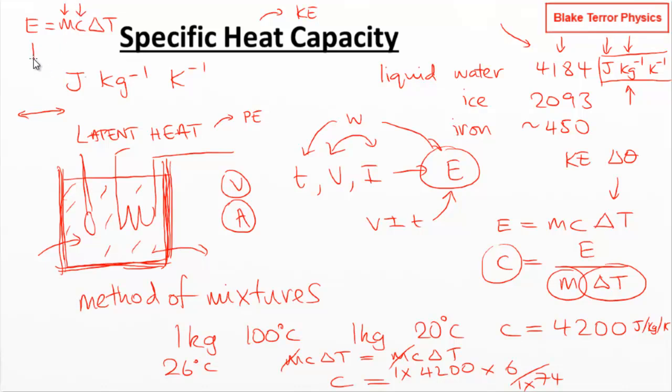We're either saying if we put in a certain amount of energy, what temperature change will we get? Or if we have a particular temperature change or want a particular temperature change, what energy is going to be required? So it's a relatively simple formula that we can just use over and over again in order to do these calculations. How much energy has been put in, or what temperature change are we going to get?